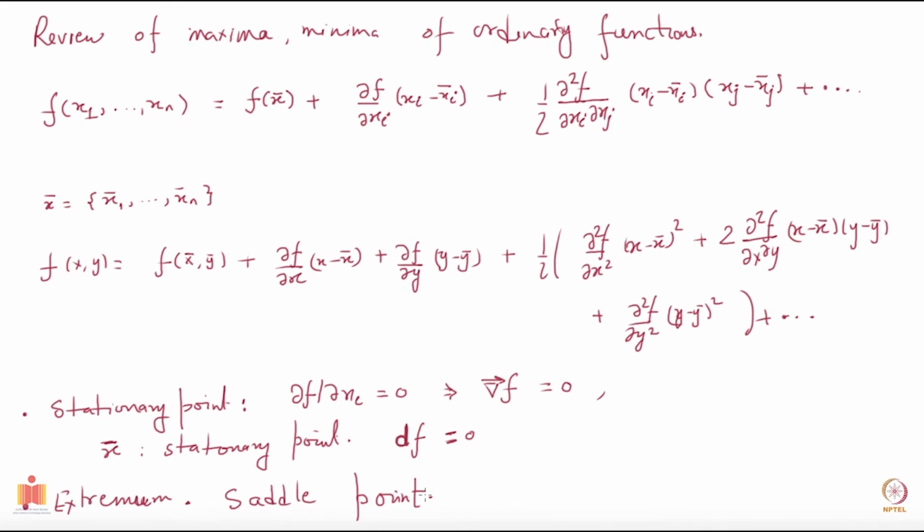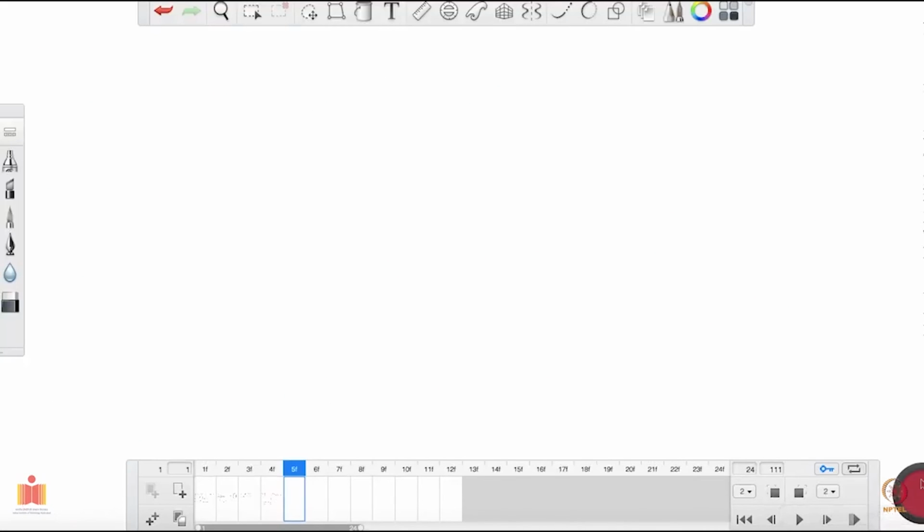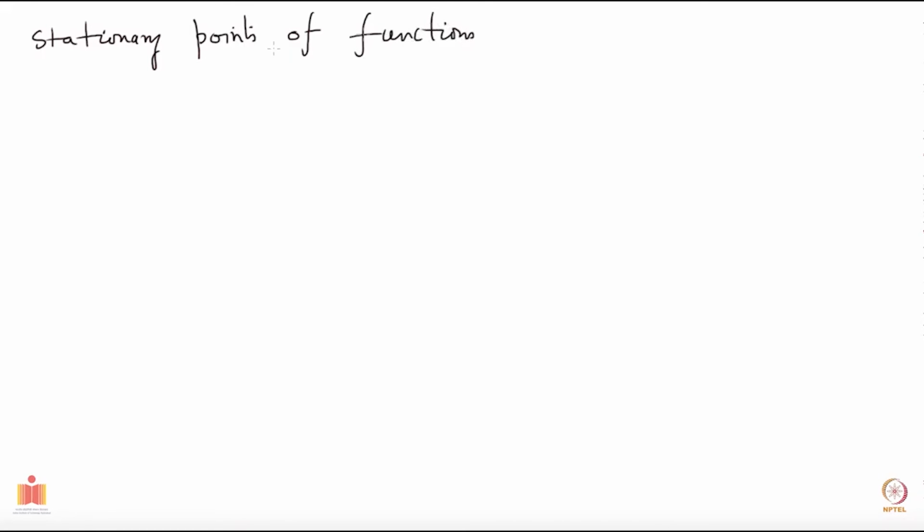Okay, so the question I'm asking is the following. I'm interested in finding the stationary points of functions with additional conditions.